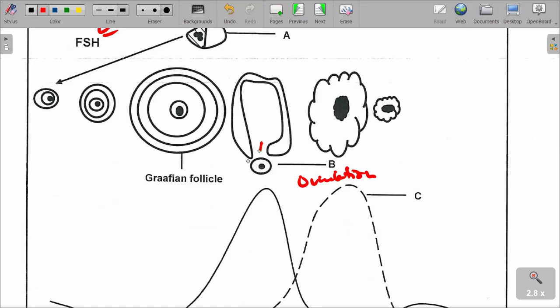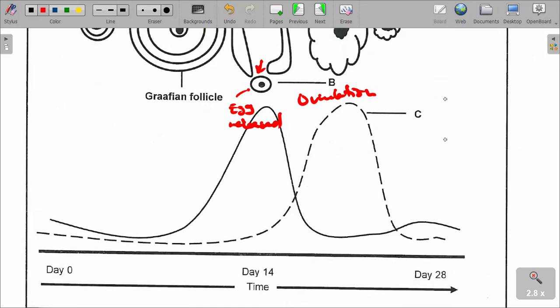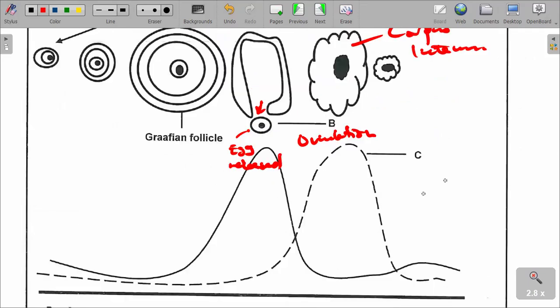There is the release of a mature egg here. An egg is released, so we can say that is ovulation, and then we have our corpus luteum being formed, and then we can continue. We have our hormonal control, which shows the fluctuation of various hormones, the estrogen and progesterone hormone levels.